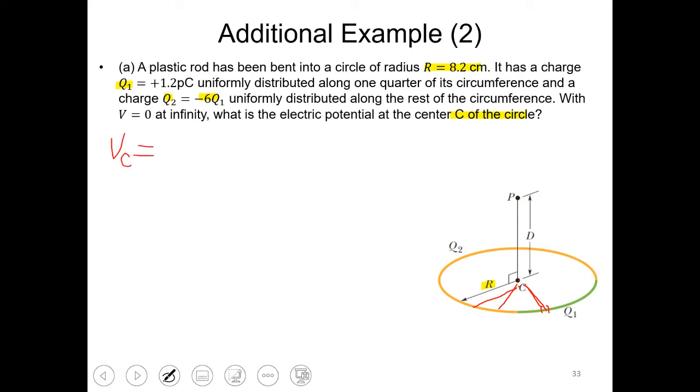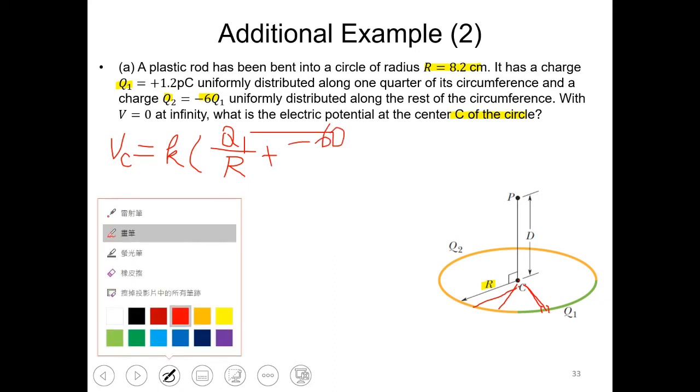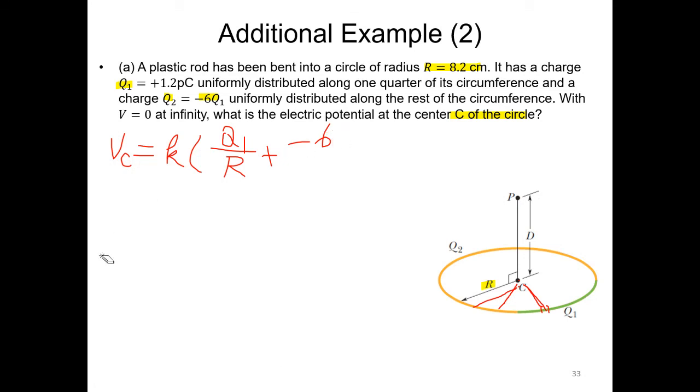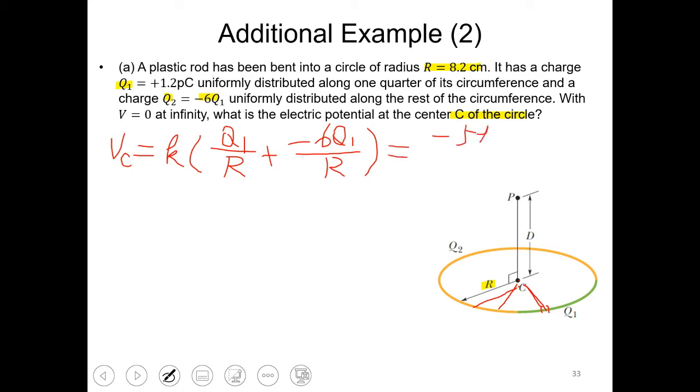VC is K times Q1 over capital R, and then plus Q2, which is nothing but -6 Q1 over R, so which will be minus 5K Q1 over R.